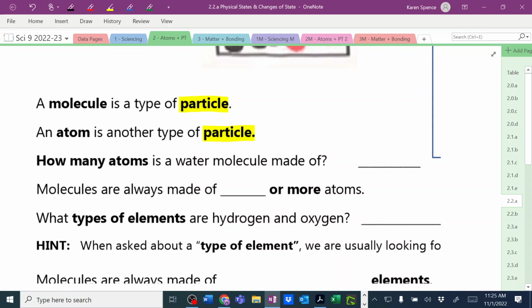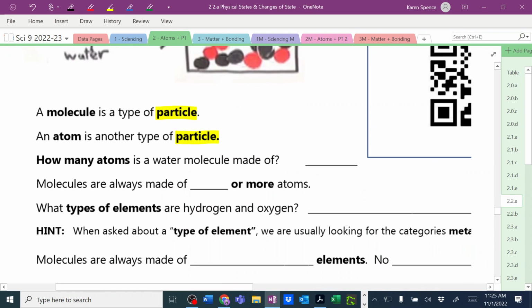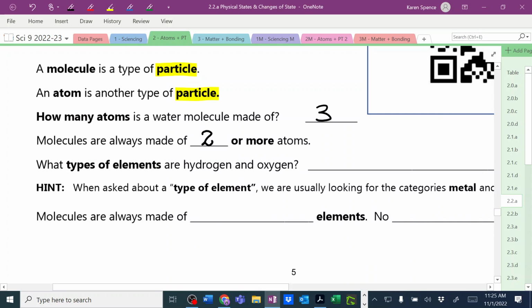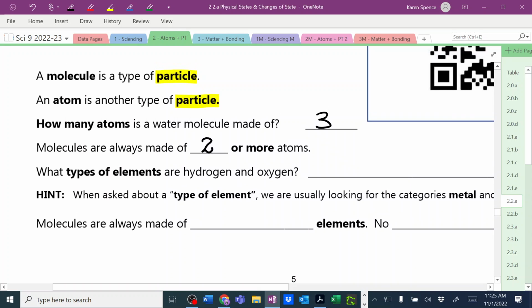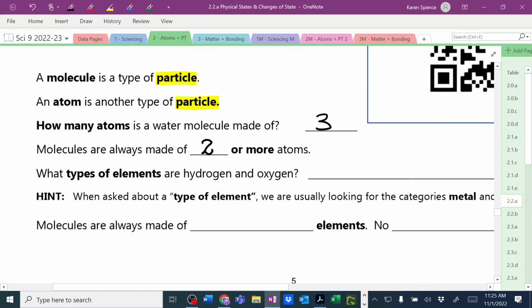How many atoms is a water molecule made of? 3. Molecules are always made of 2 or more atoms. What type of elements, this is going back to our periodic table stuff, what types of elements are hydrogen and oxygen?